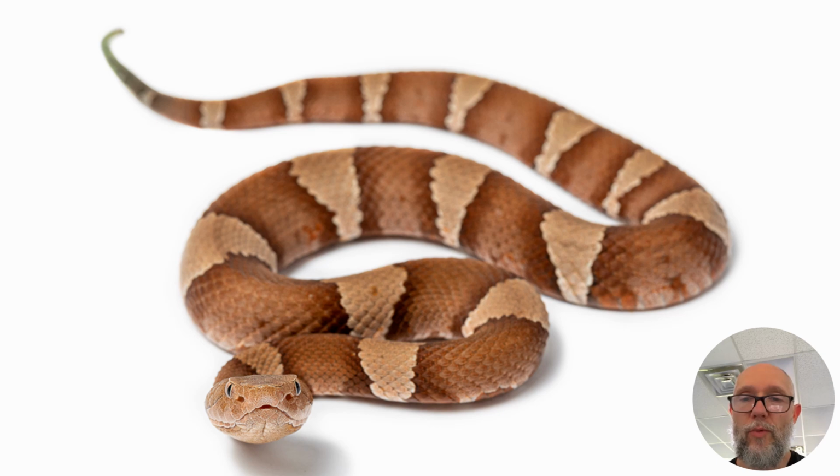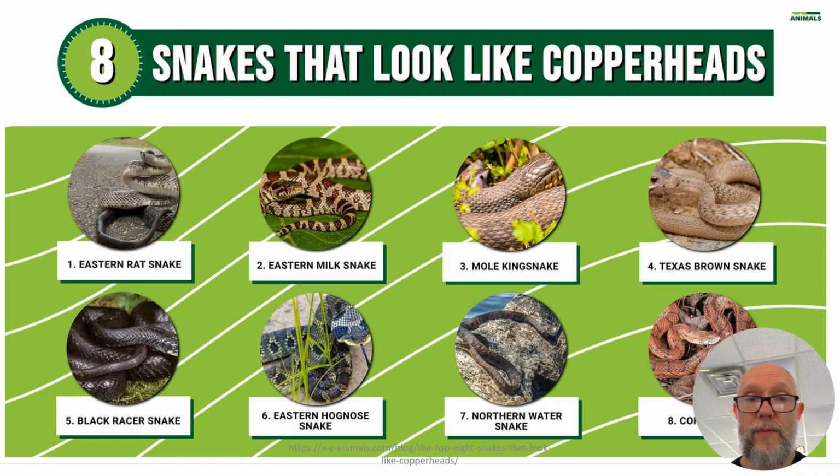So take, for example, this snake. This is a copperhead. They're in the area. Welcome to Joplin. And they are poisonous, but not that bad for humans, so don't run away. But here's the thing. Here are at least 8 different snakes that are commonly mistaken for copperheads.